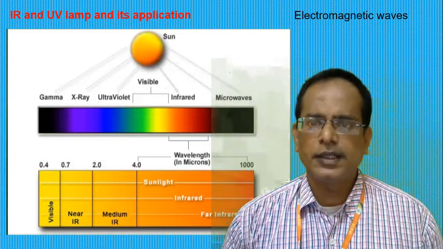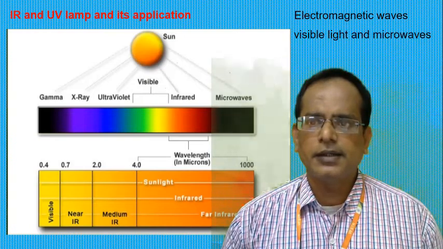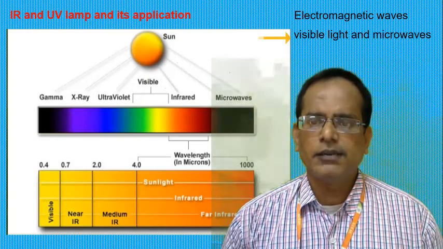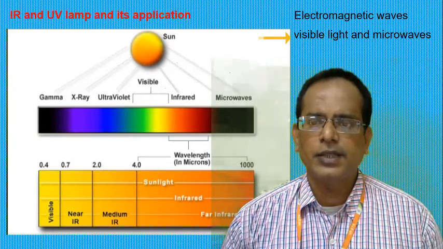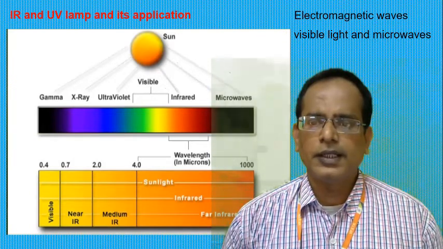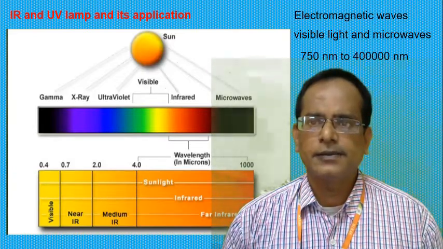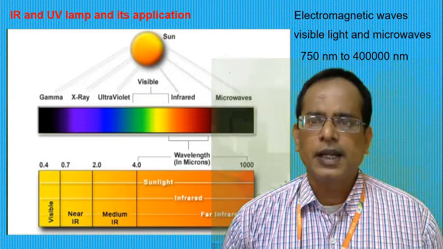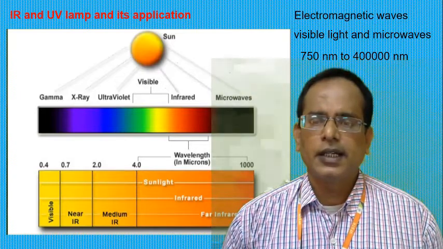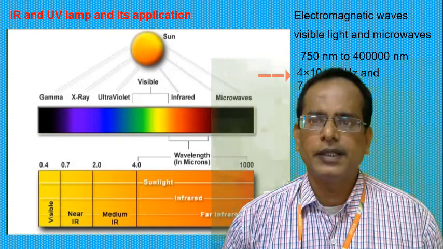The wavelength is about 750 nanometer to 4 lakh nanometer, as you see here, and the frequency range is from 4 into 10 power 14 hertz to 7.5 into 10 power 11 hertz.